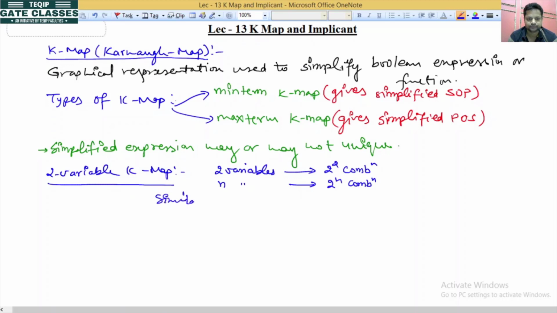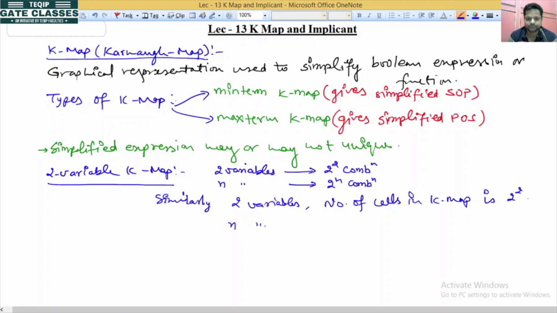Similarly, for two variables, the number of cells in the K-map is 2 to the power 2.